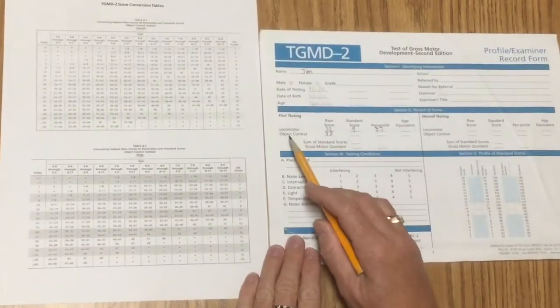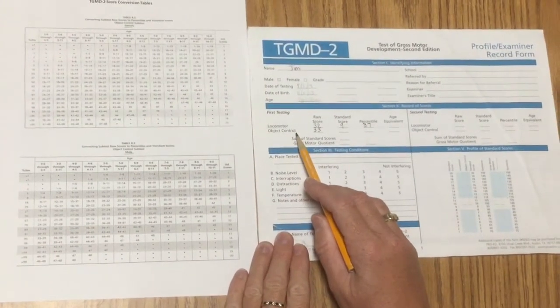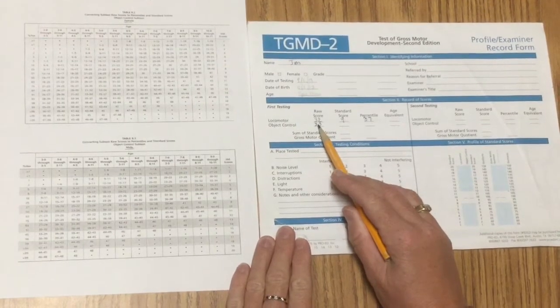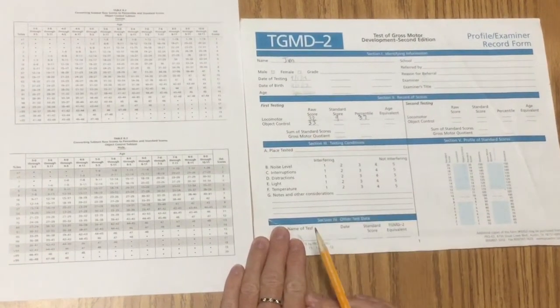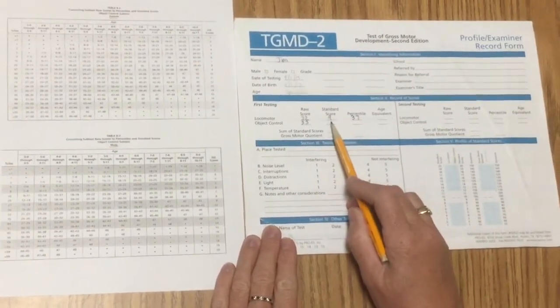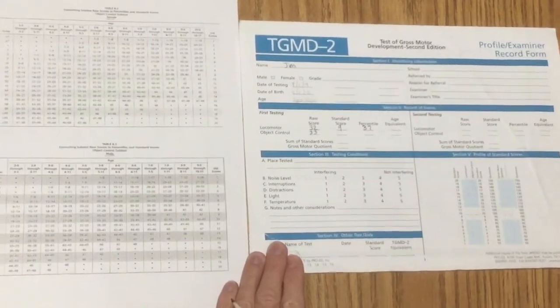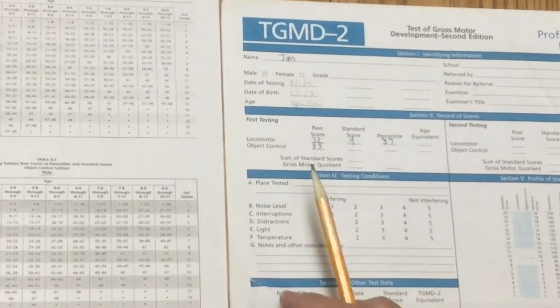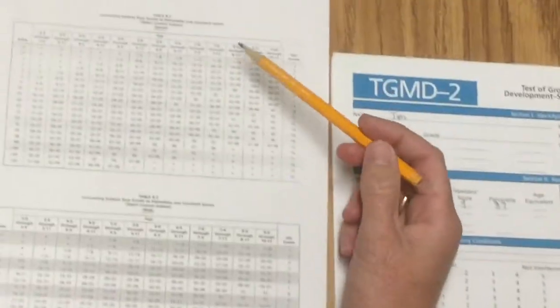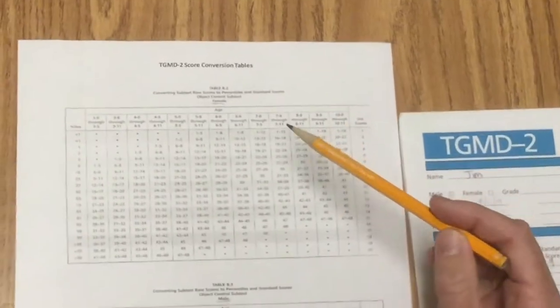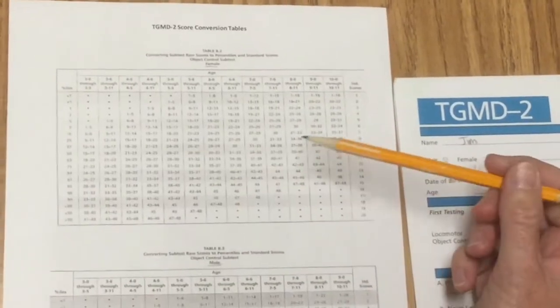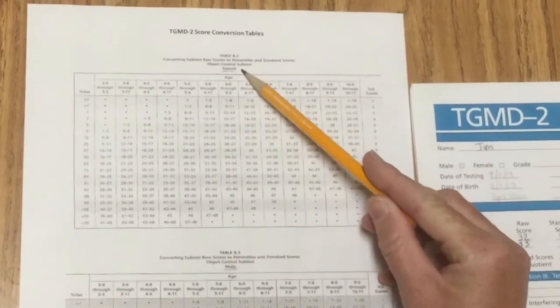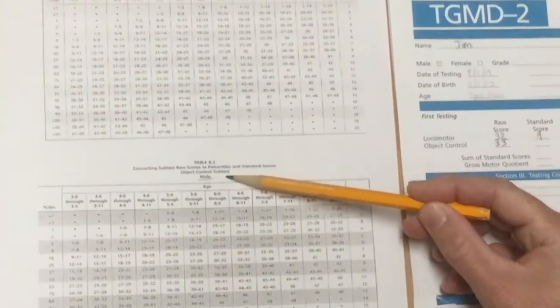So now we're going to look at object control. Our student Jim scored 33 for object control, and we're going to work out the standard score and percentile for that 33. Now we're going to go to the conversion tables. For the object control, there is a difference between female and male.